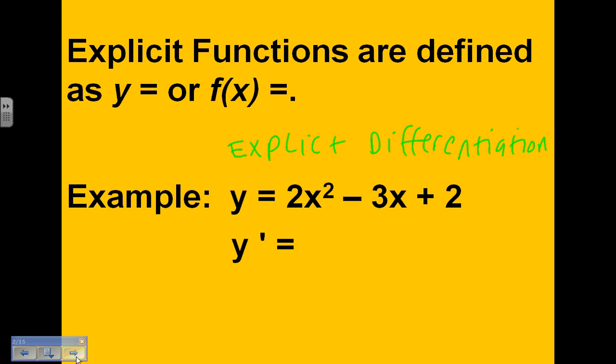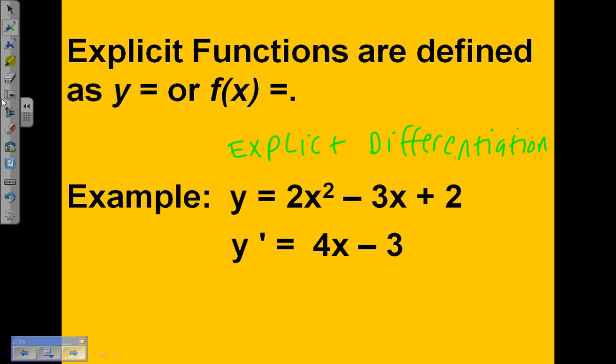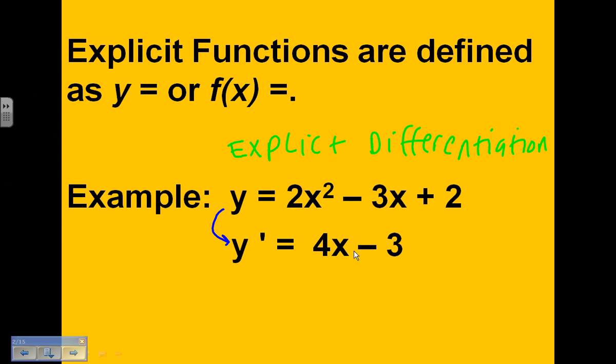So y prime equals 4x minus 3. The derivative of y is y prime, and then you have 4x minus 3. So that's explicit differentiation, and notice the derivative of y is y prime.